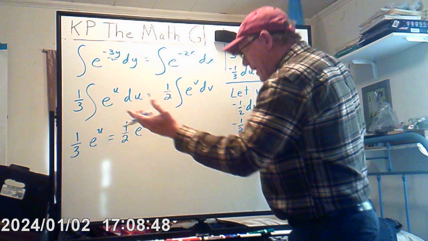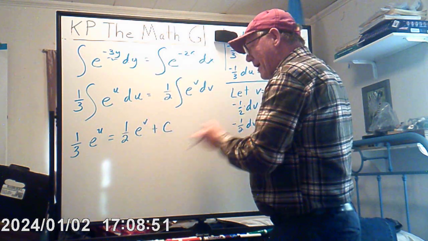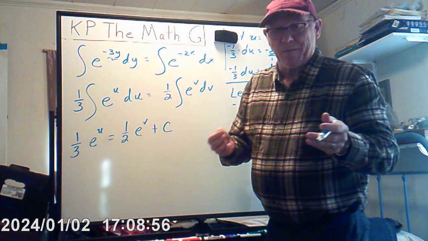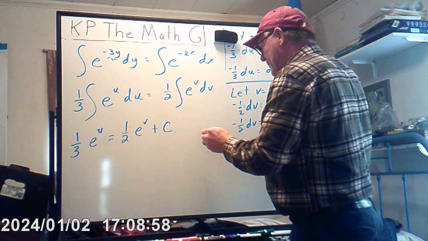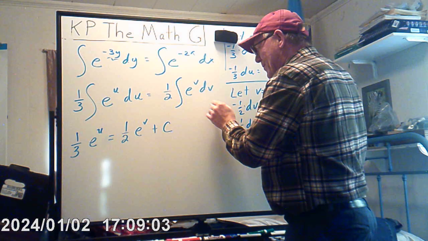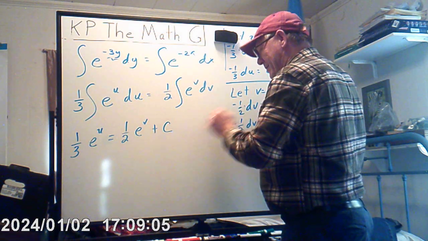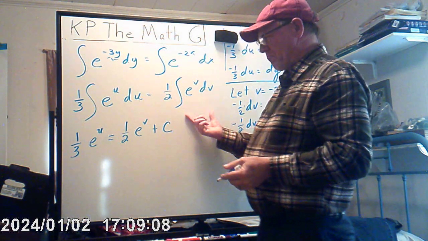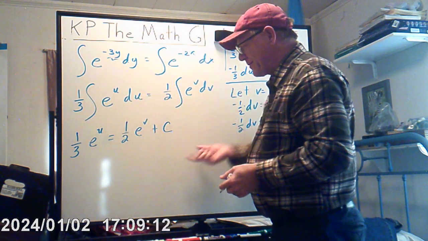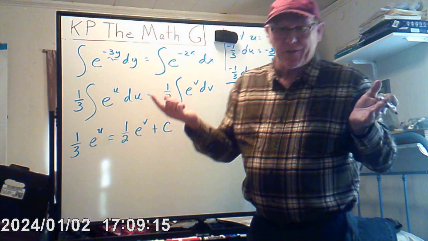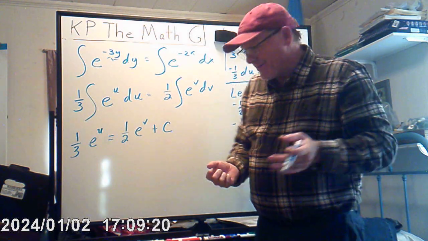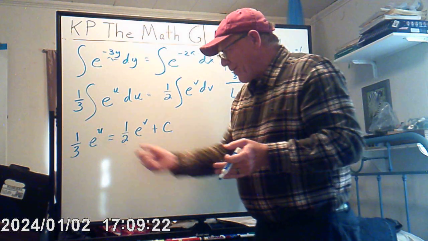If you did this work, and I'm just going through it in my head, you could have a 1/2 c2 minus 1/3 c1 be equal to just c. Go ahead if you want to put a plus c1 and a plus c2, but in the end you're just going to have a plus c. Having said all of that, did it in my head, you can just have all this.